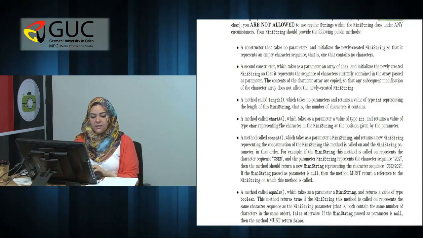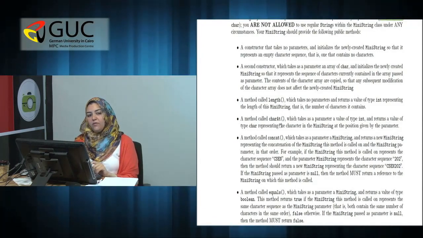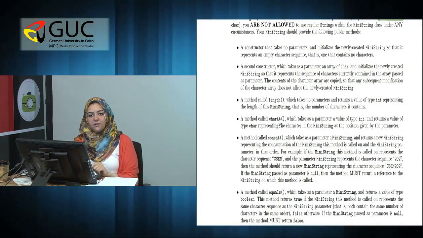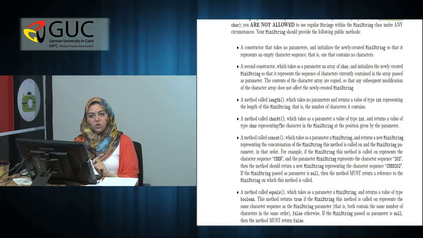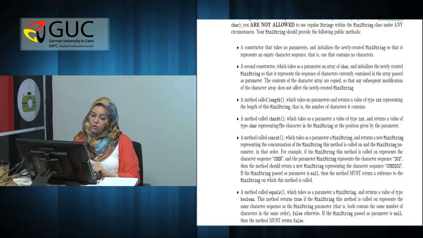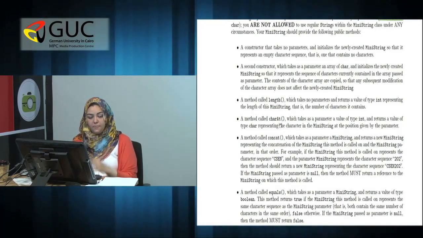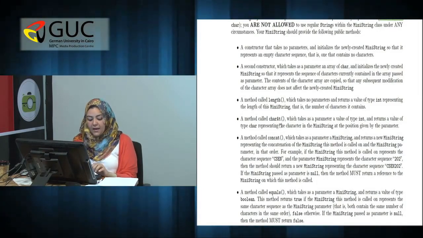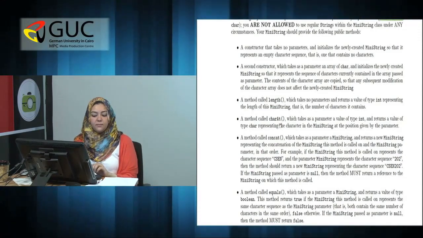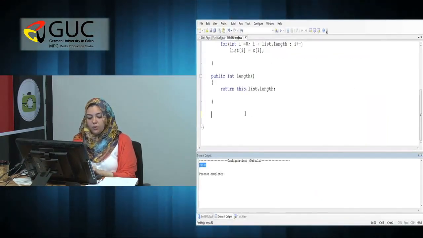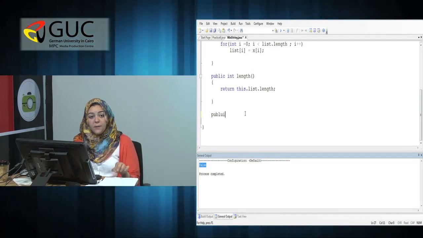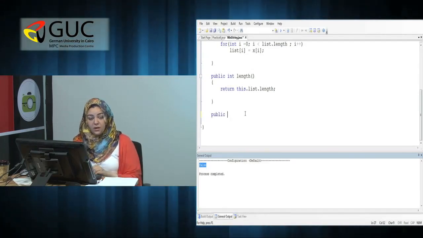public and it's an instance method, so I will not write static. However, what is the return type of the char at? So for example, I give you GUC.charAt(0), you should return me the G. So the return type is a character, only one character. And it's called char at. And you should give me an input, which is an integer describing the position you want to get the character from.